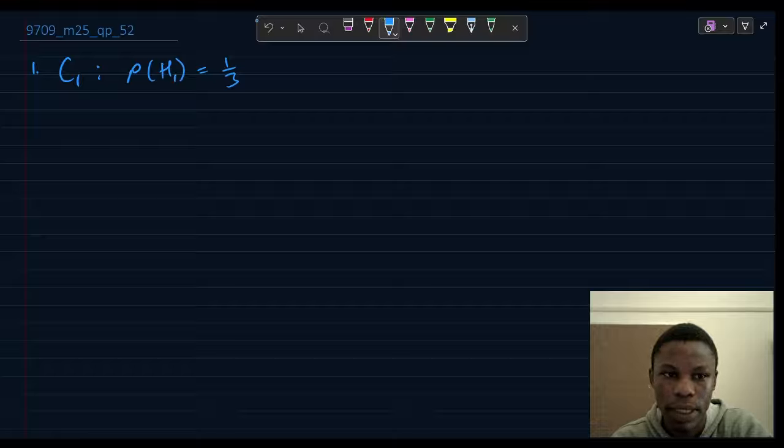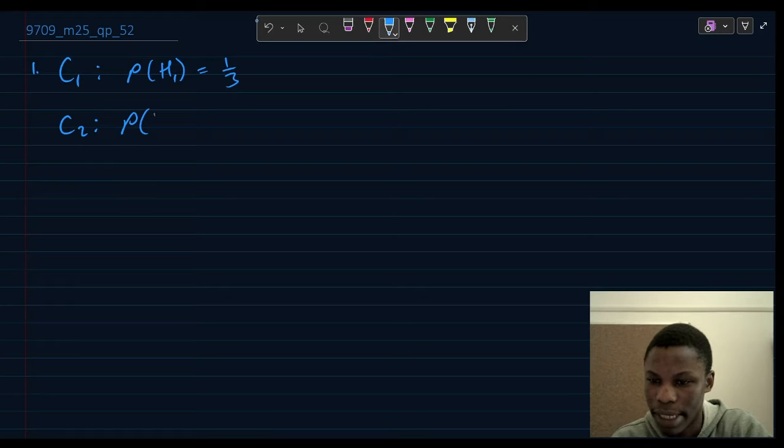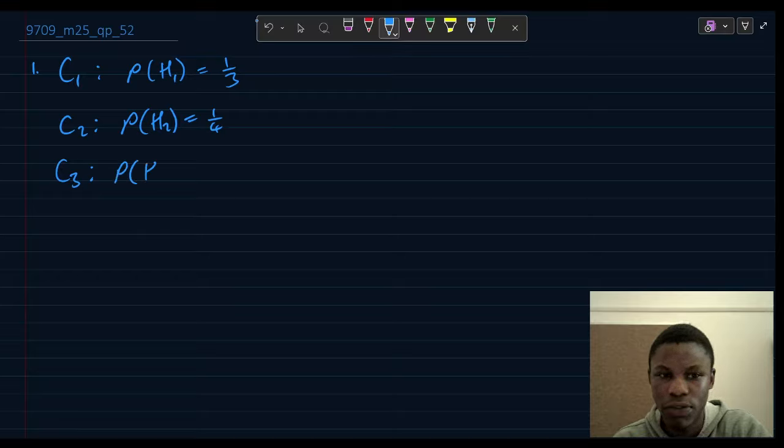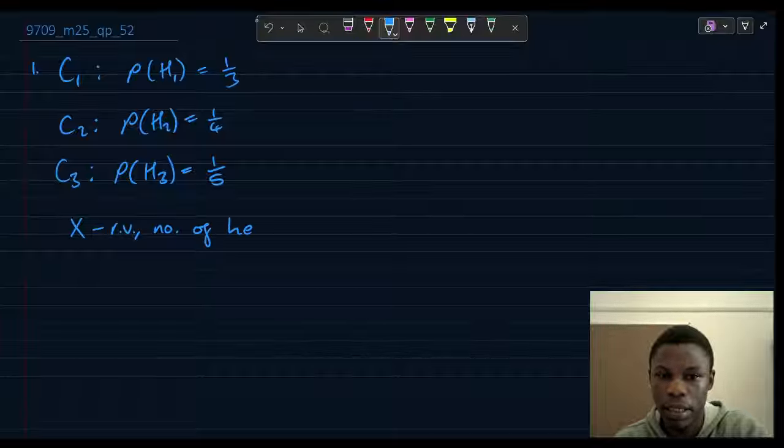The second coin is biased so that the probability of getting a head is 1 over 4. And the third coin is biased so that the probability of obtaining a head is 1 over 5. And we're given that the random variable x is the number of heads obtained.